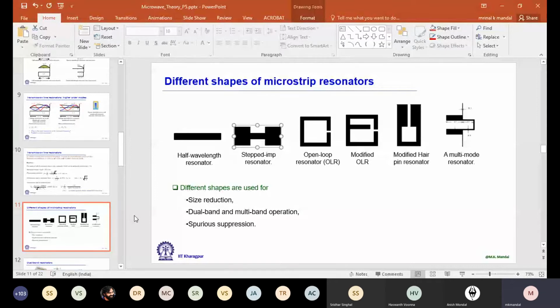Because if you go back to the closed form expression given for Z0 in D M Pozar's book, then for a given substrate, if I increase the width of microstrip line, then its characteristic impedance decreases. So then the leftmost and rightmost part have a lower characteristic impedance compared to this middle section. So it is a 3-section microstrip line resonator.